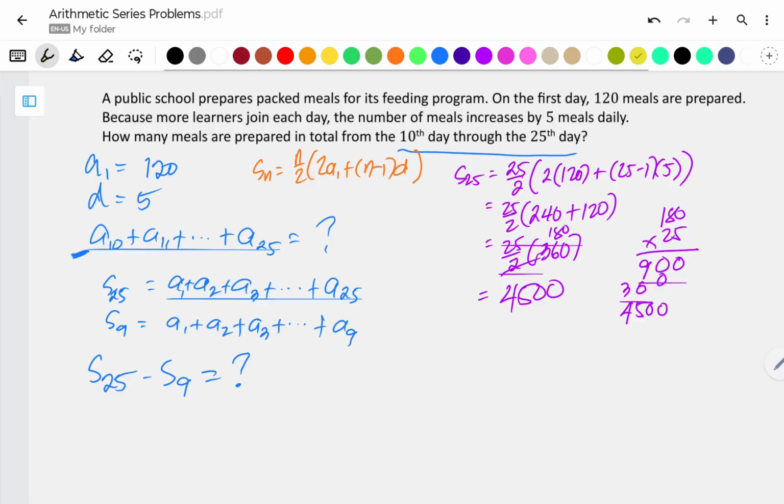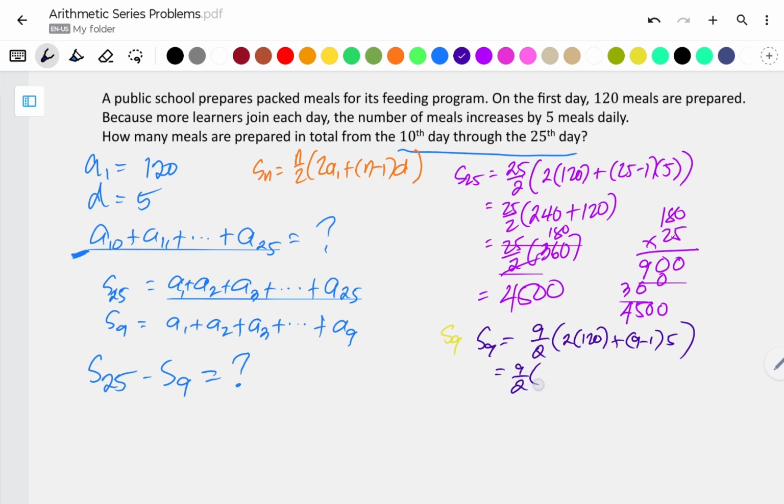How about S sub 9? S sub 9 equals 9 over 2 times 2 times 120 plus 9 minus 1 times 5.